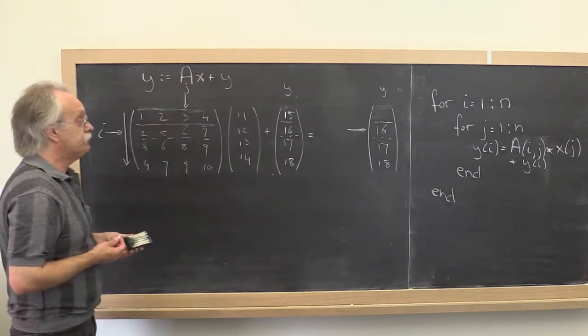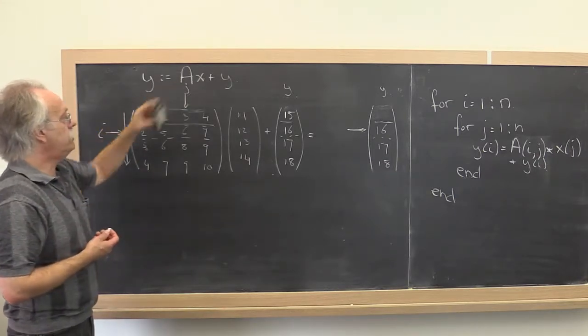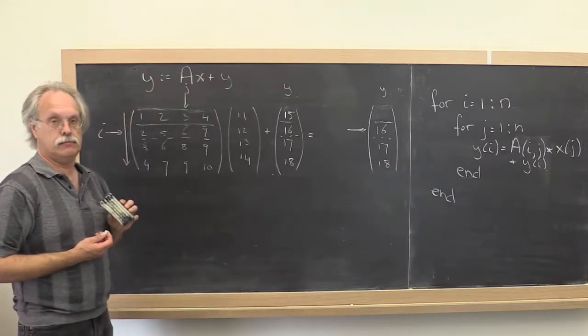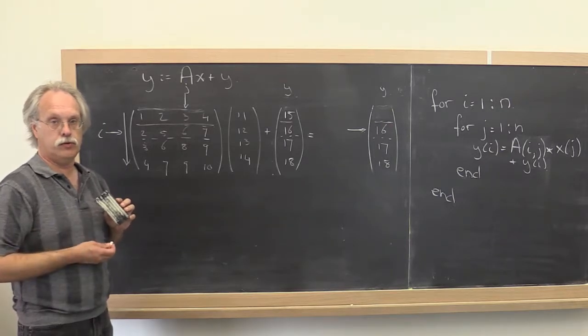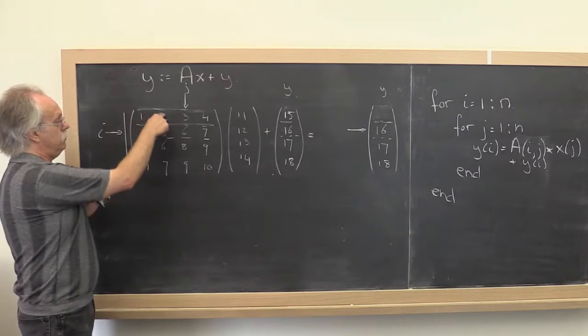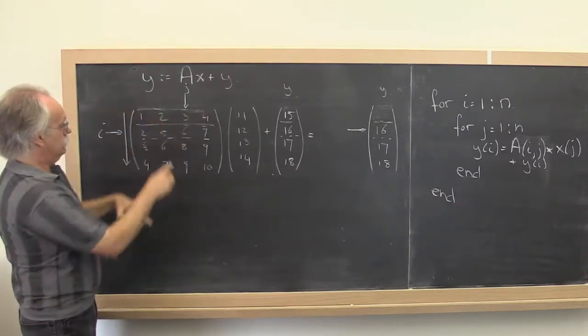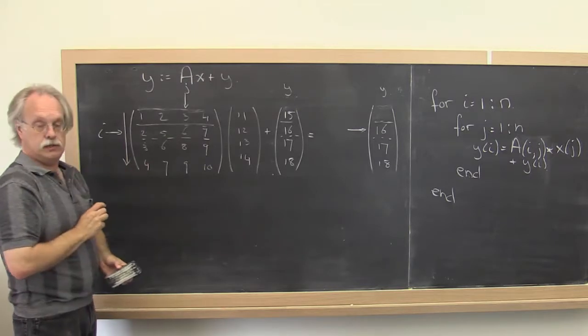Now, let's move on. What if we know that this matrix is symmetric? And if you need to, go and review what it means for a matrix to be symmetric. This matrix is symmetric. Why? Because entries reflected across this diagonal equal each other.